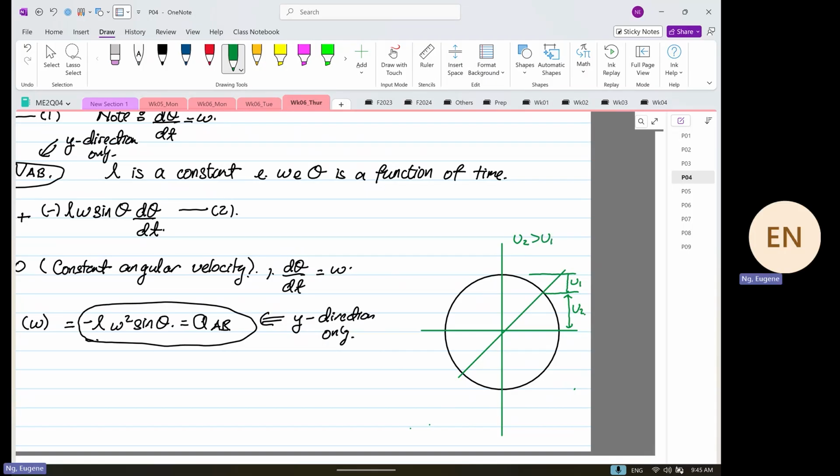For this reason, no doubt that omega is constant, right? Your acceleration, because of this effect, is not constant. Okay, so your vertical acceleration is not constant.